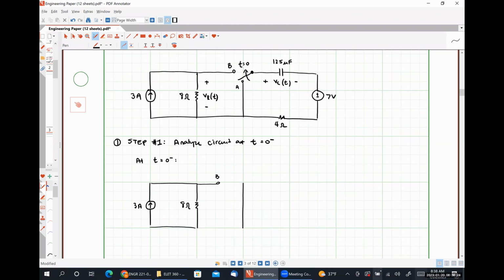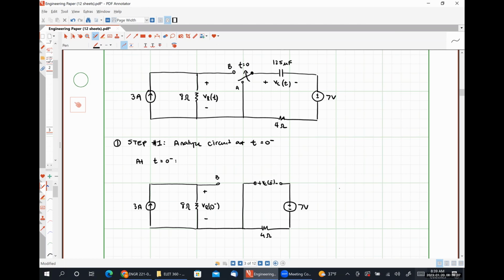So we are going to have our capacitor up here. Since we're at DC steady state, our capacitor is going to look like an open circuit. Down here is our 4 ohm resistor. And then we have this connection here. Our capacitor voltage is defined with this polarity, and our resistor voltage is defined, sorry, that should be minus, with this polarity.